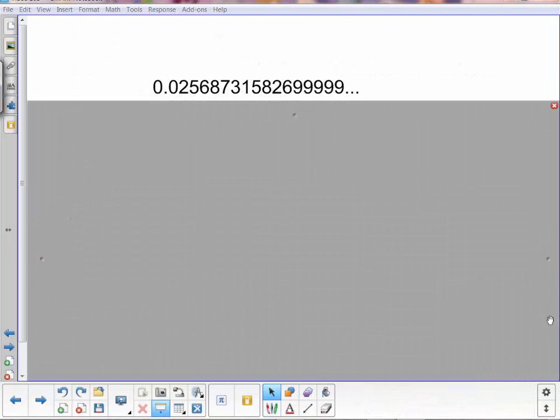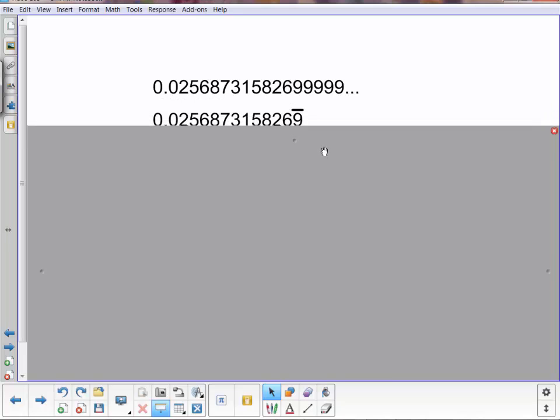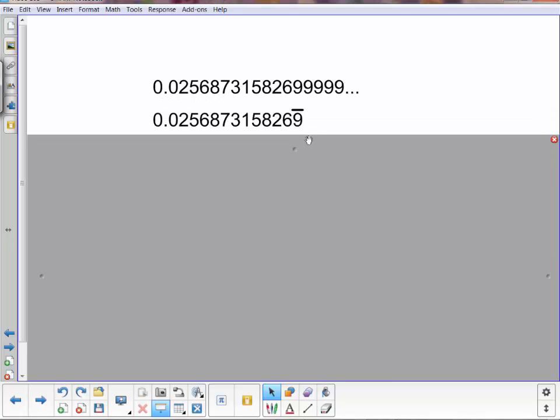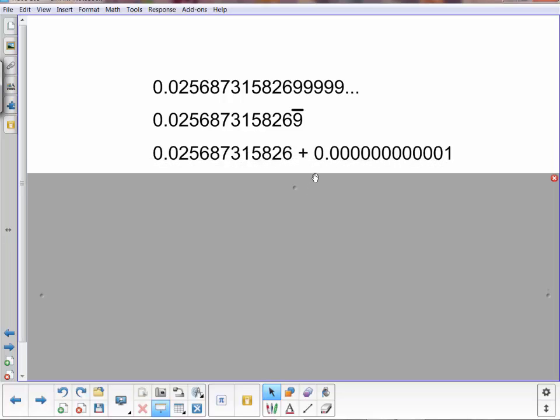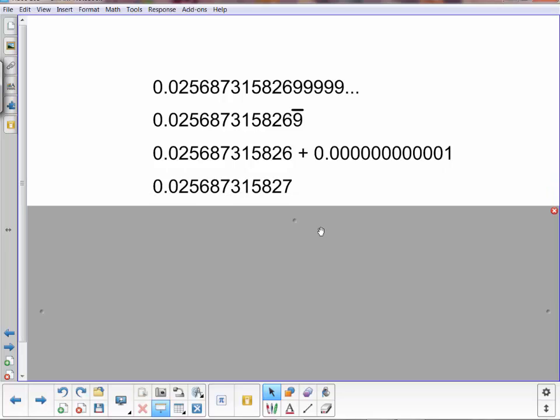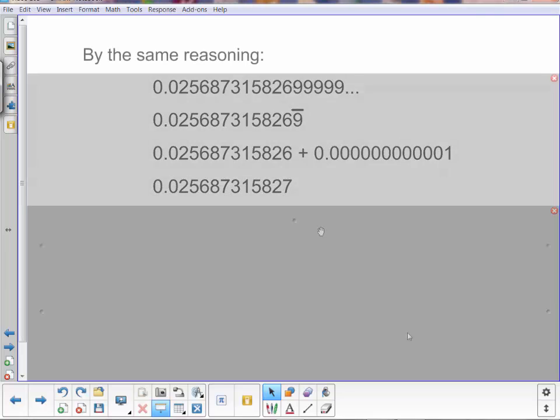So if we take a look at this very long number with the repeating 9s on the end, we know it's exactly the same as this mathematical value because we can replace the repeating 9s with the 9 bar. And by similar reasoning, we can show that this long decimal becomes this addition because of the fact that this 0.9 bar causes this 1 to be added to that 6 to produce the decimal that you see here.